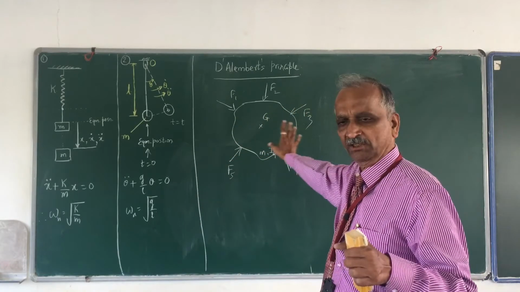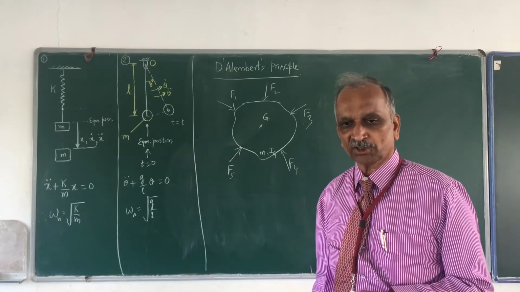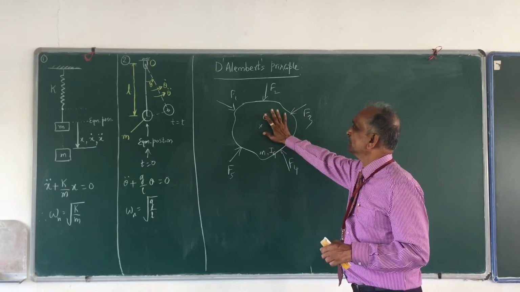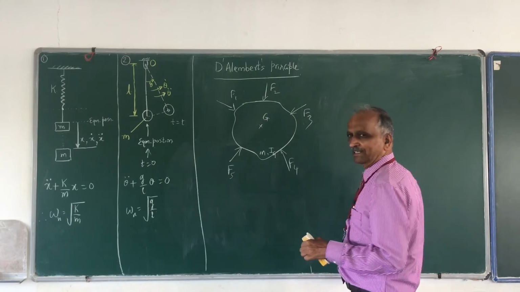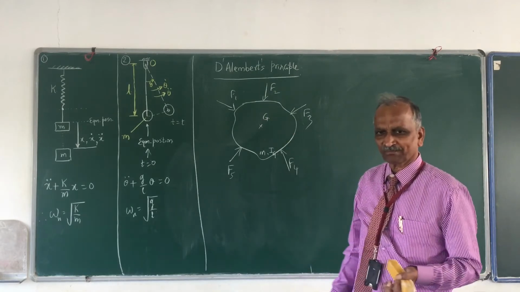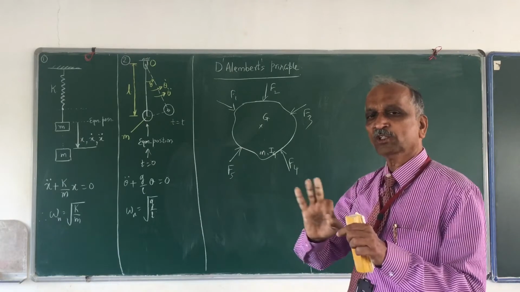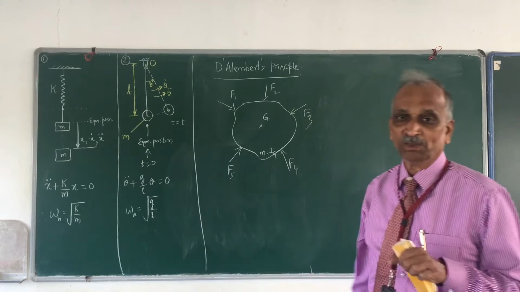The motion is restricted to one plane only. What kind of motion? It may be moving along a straight line, say horizontally or vertically or in any inclined direction. That is possible. So one possibility is it is going to move only along a straight line.